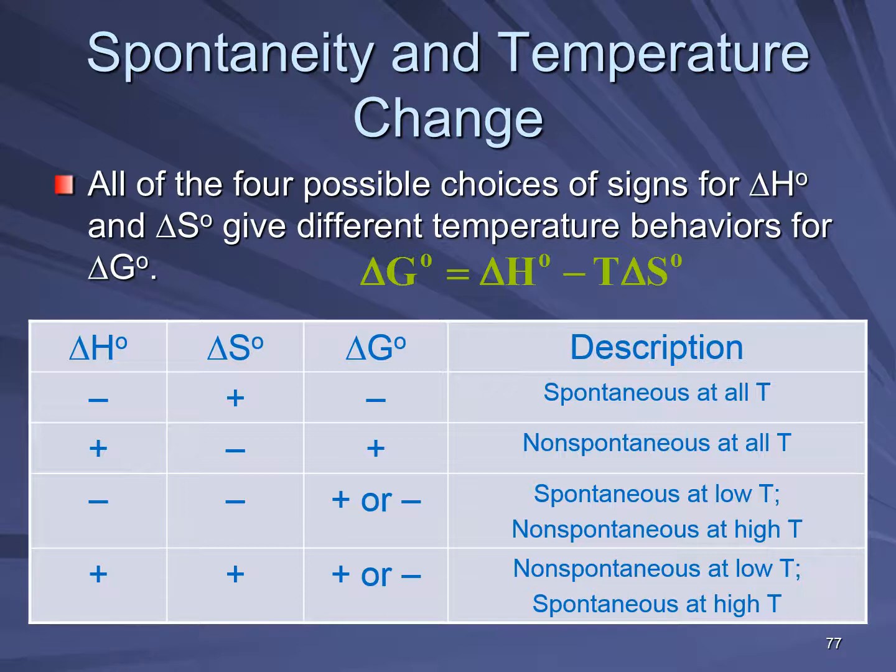Now the opposite of that is also true. If it's an endothermic reaction, positive delta H, and it's becoming less ordered, where delta S is positive, well then at higher temperatures that second term will dominate and make delta G more negative, so it'll be spontaneous at high temperatures and non-spontaneous at low temperatures. An example of a reaction where that would happen is those cold packs.